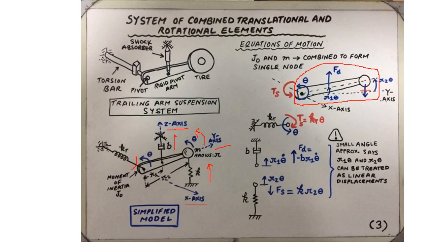What really facilitates this modeling technique is that the motion of the mass and the motion of the rigid pivot arm can both be specified by a single displacement variable, that is theta. And that is because the pivot arm is rigidly connected to the part of the wheel assembly which has mass m.